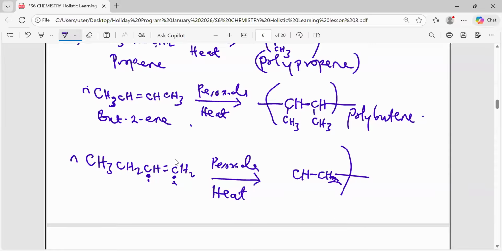Now, this one is going to remain as a branch. What is going to be a branch? It is CH2CH3, the whole of this. So here we have a dash, and then we put this. Have you seen how it is going to look now? So it's not a must that it's a methyl group which becomes a branch. It depends on the compound.